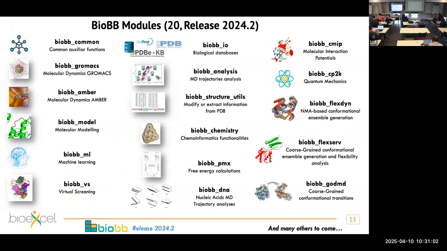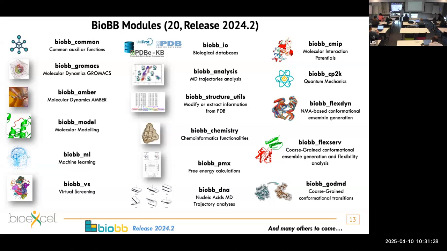So with this in mind, with the Conda packaging in mind, with the interoperability of the different tools in mind, we started developing that. And it's always nice for me to show this slide because I started showing this slide a while ago with just 3 different modules. We call them modules because we gather together, for example, all the building blocks, which are all the different wrappers that we have, for example, for GROMACS or AMBER in MD, but also analysis.